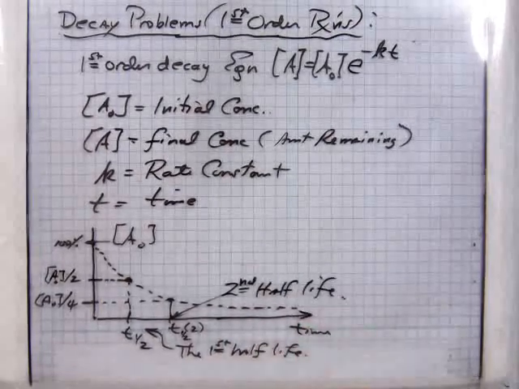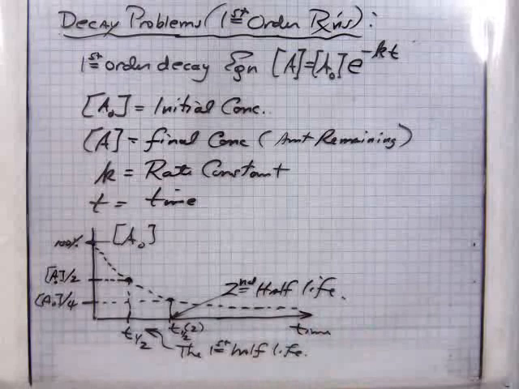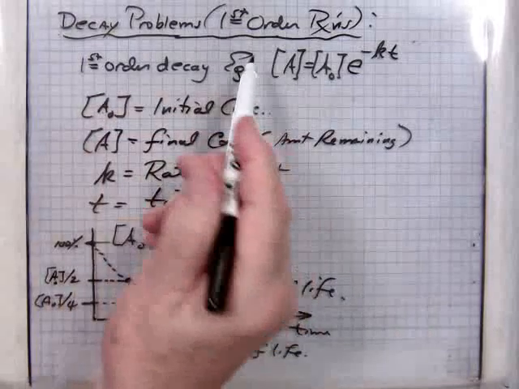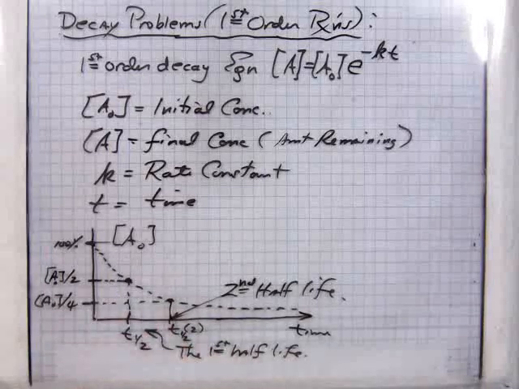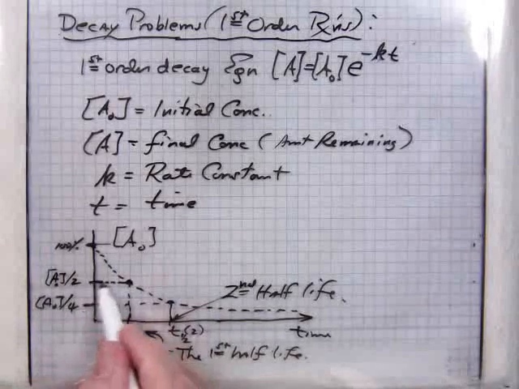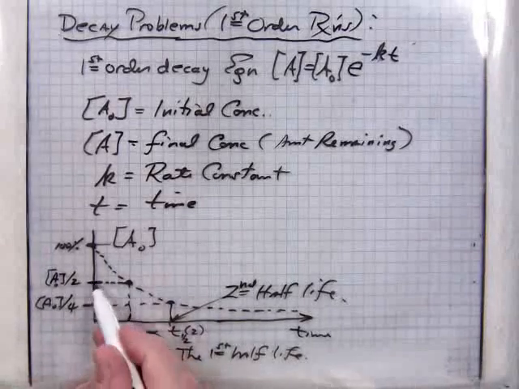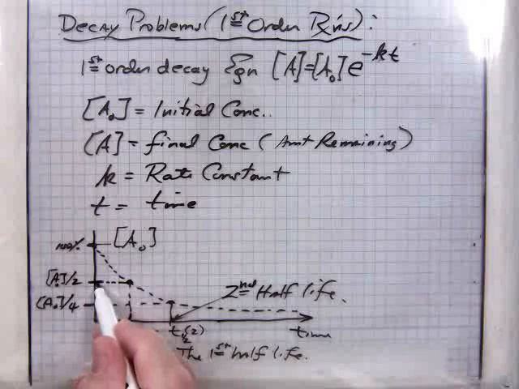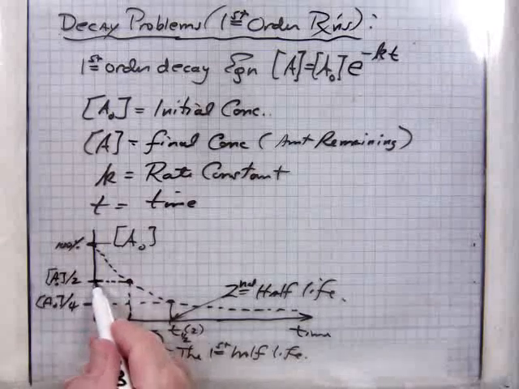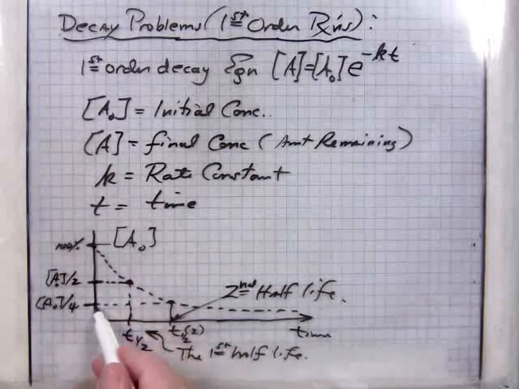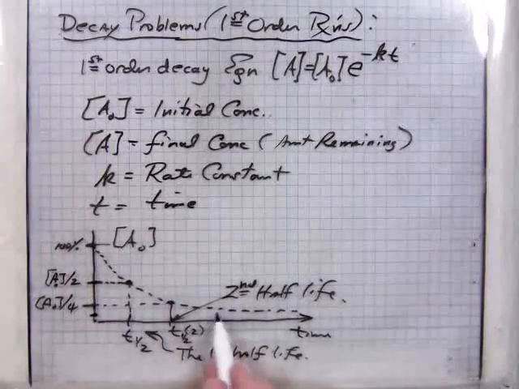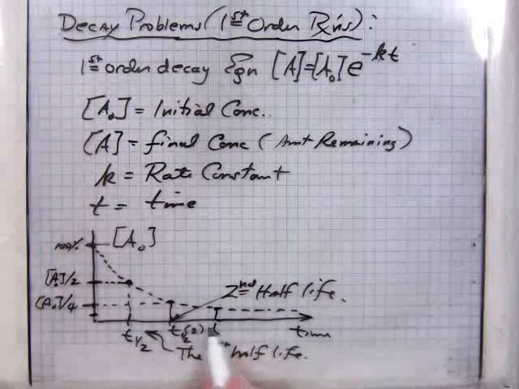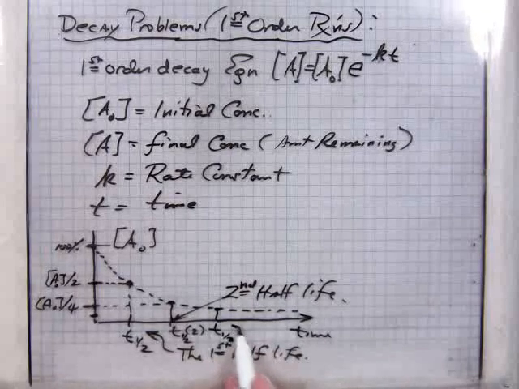That's what it's called. Now, one rule that you want to remember in first order type problems: the first half-life and the second half-life, that is, from A naught over 2 to A naught over 4, the time frame in here, and T3 as well, are constant.